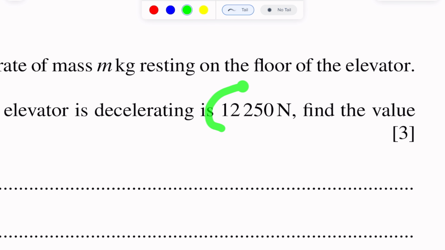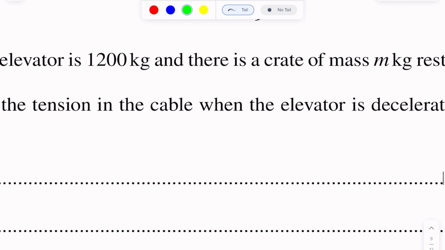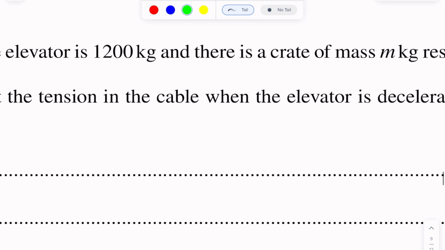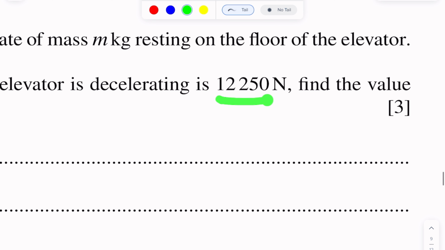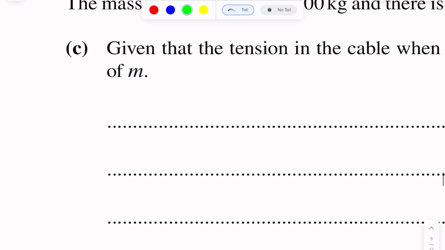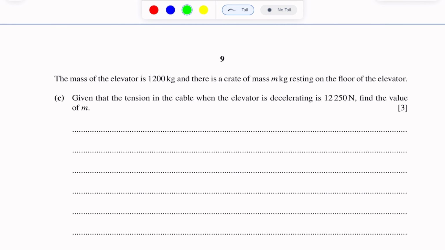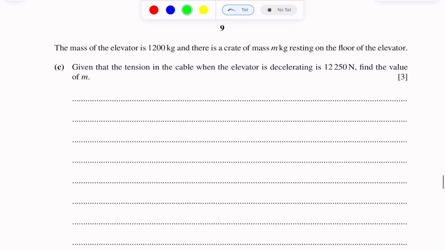This is the value of the tension in the cable during the deceleration. Find the value of m. So for this we again make a diagram. Let this be the elevator.